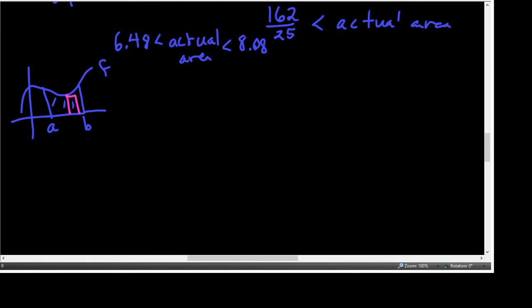And let's just say that we are trying to find the area by, first of all, let's calculate the width of this rectangle. That, as I said earlier, is going to be generically b minus a, which gives you the width of the entire region, divided by n, the number of rectangles.